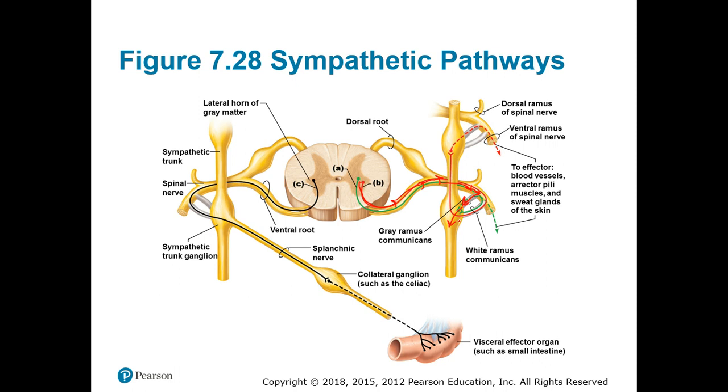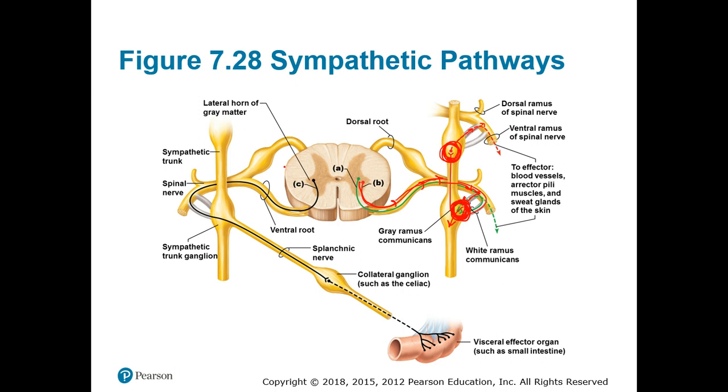From here, if it decides to synapse, it can synapse at the same level. So here, where I'm circling, is a synapse at the same level. Or it can synapse at a different level. So here is a synapse at a higher level. Once it synapses, it goes through back to your spinal cord or spinal nerve and then goes to wherever it's trying to serve.